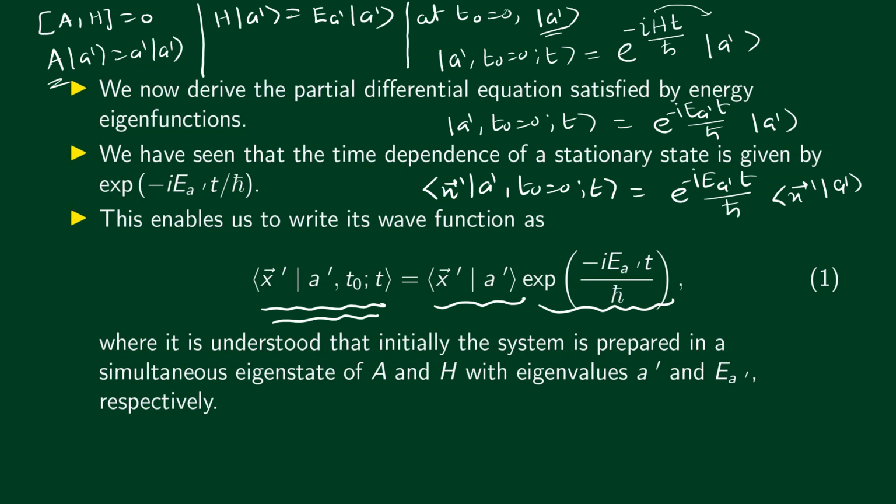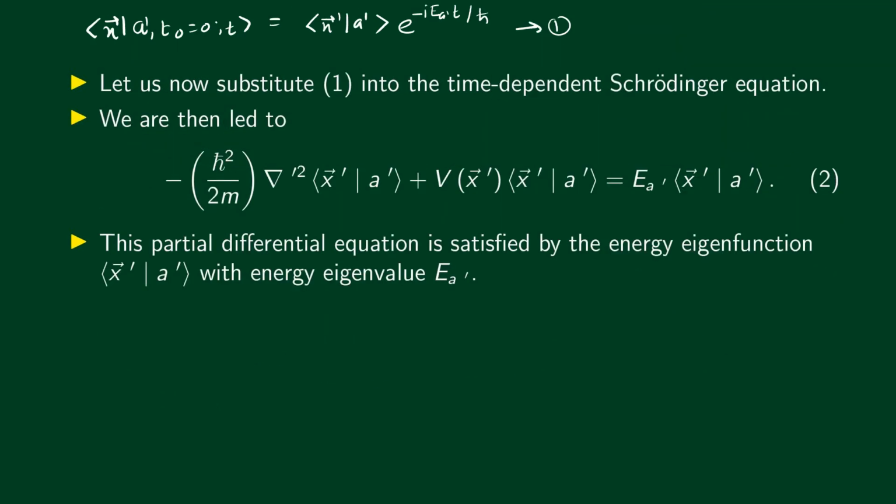Now it is understood that initially the system is prepared in a simultaneous eigenstate of A and H with eigenvalues A prime and E_A prime respectively, just as we mentioned in the beginning. So this is how the energy eigenfunction at a time t is related to the energy eigenfunction at time t equal to 0. The energy eigenfunction at time t equal to 0 is simply multiplied by a phase factor to get the energy eigenfunction at a later time. This is how the energy eigenfunction evolves.